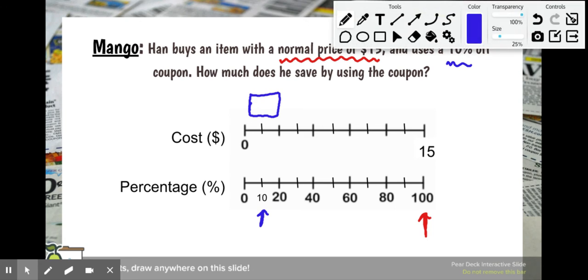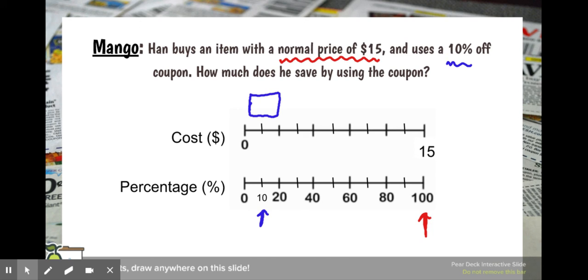Let's do the math. So, next step, how do I go from 100% to 10%? Well, I'm going from a bigger number to a smaller number, so I know I'm dividing. And I know 100, what do I divide it by to get to 10? I know that answer is 10.